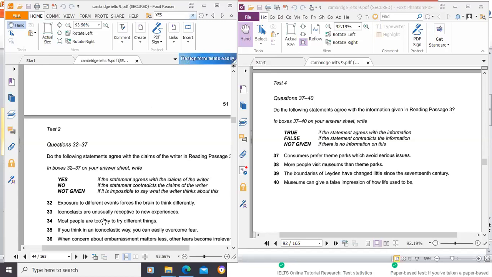Now, it is possible also in that passage that he uses statements like, some people believe that. You understand? But he will now come in with his own claim.